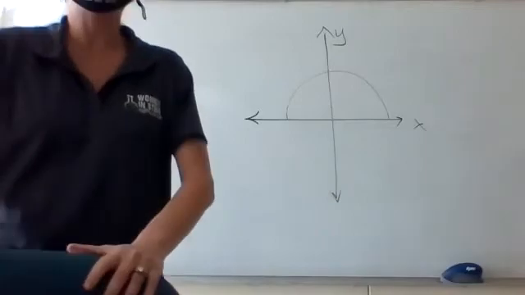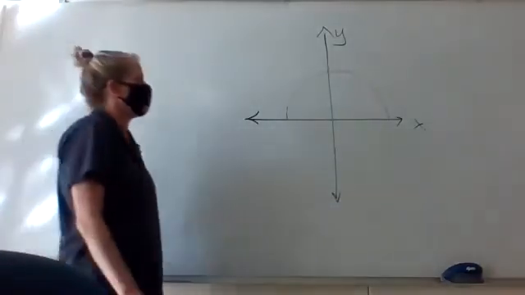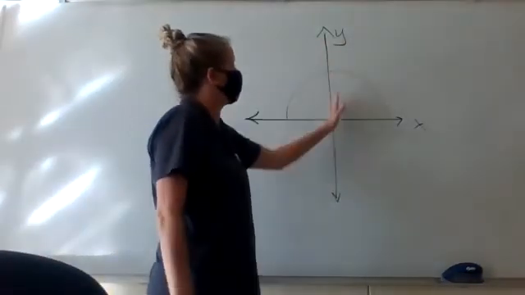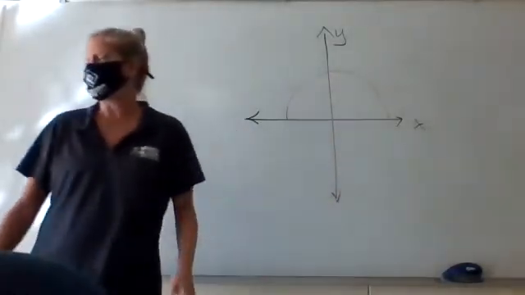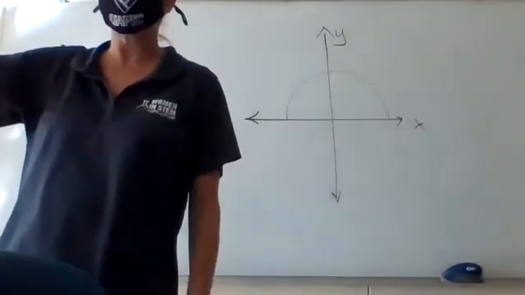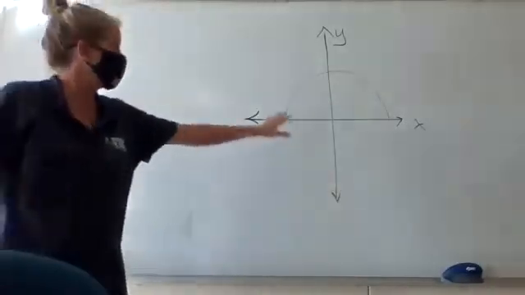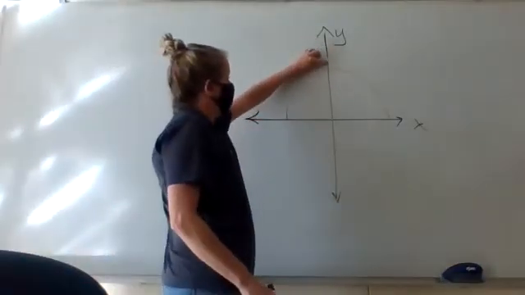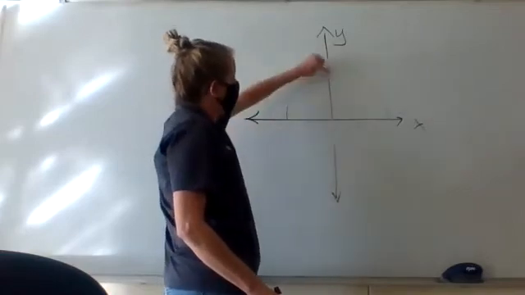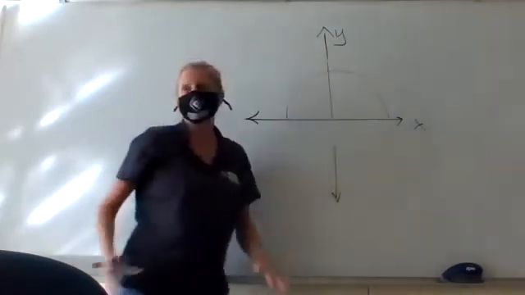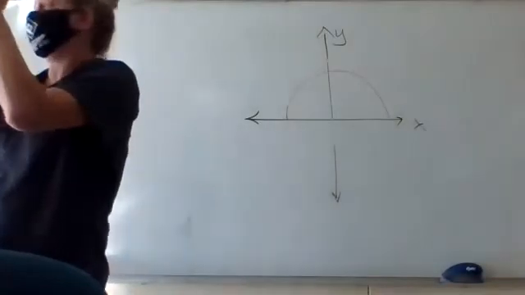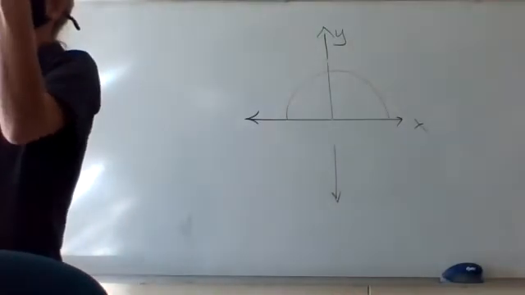Okay, let's read to remind ourselves what that means. Even means it's symmetrical with the y-axis. That means it's the same on the right side of the y-axis as it is on the left side of the y-axis. So that's what this one's going to be, right? If I drew a line down this y-axis and folded this on it, one side mirrors exactly what the other side is, right?